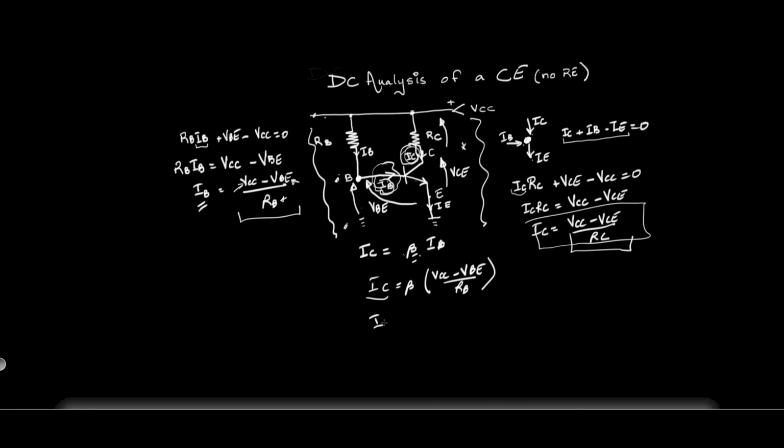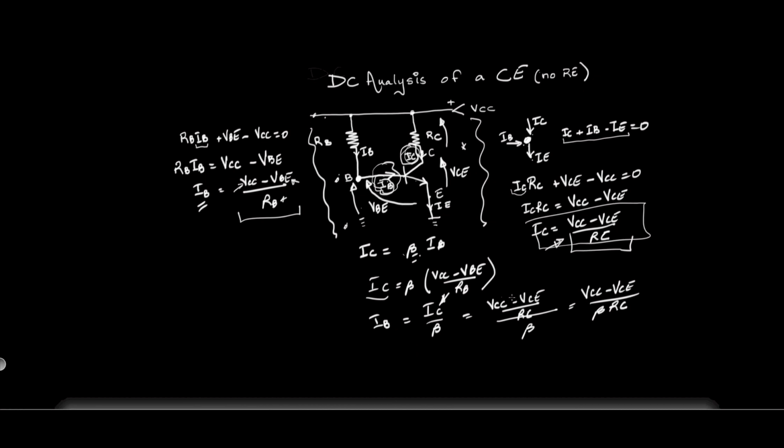If you wanted to find something with IB, we also know that that would be IC over beta, and then substitute your IC for this value, for example, VCC minus VCE over RC, I'm sorry, this is RC, divided by beta. So in other words, this is VCC minus VCE divided by beta RC.